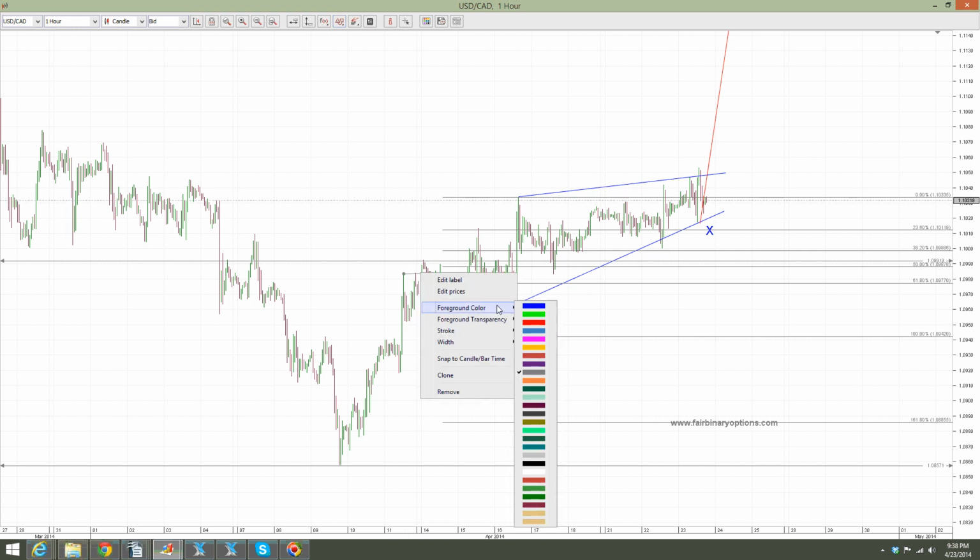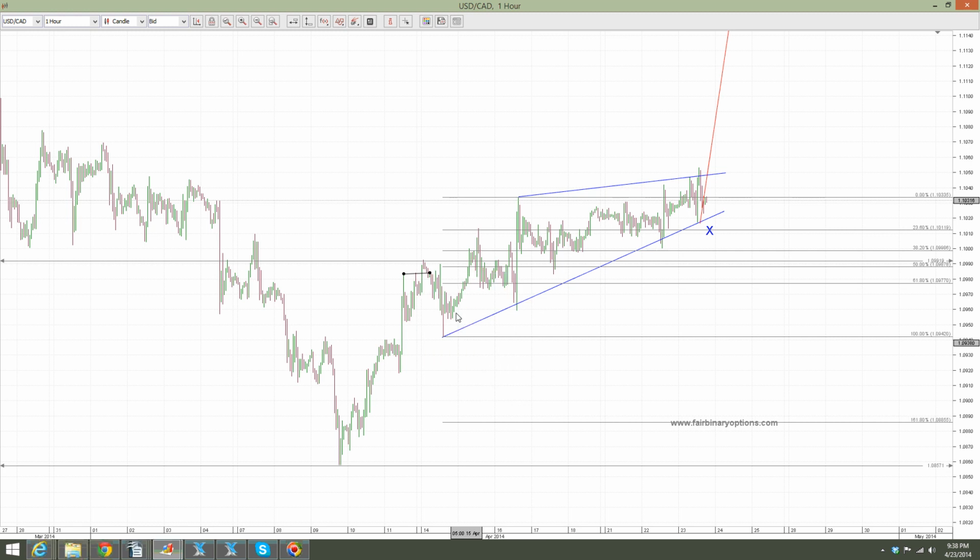If you see 1, 2, 3, 4, 5, something like this. Let's change the color for it. And if you take the trend line here from here to here, you are seeing 1, 2, 3, 4, 5. So that would be, in my book, either A, B, C, and then the X wave, and then another 1, 2, 3, 4, 5, or 1, 2, 3, 4, 5, X wave and 1, 2, 3, 4, 5.